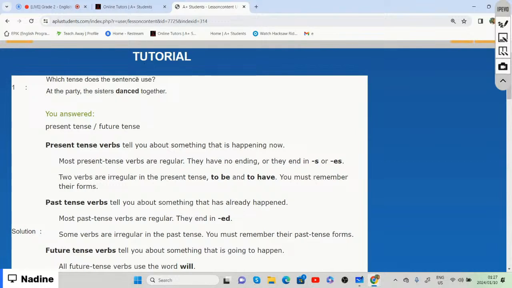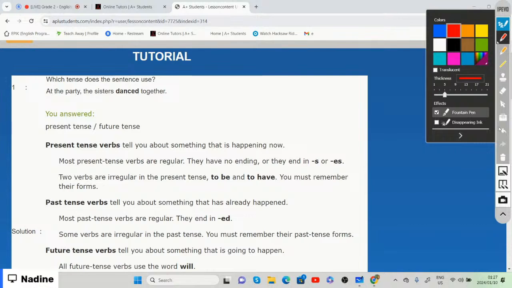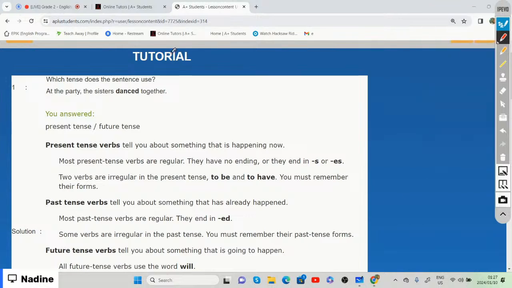All right, so if we specifically look at this word danced, especially it ending in ed, it basically shows us that this is in the past tense.